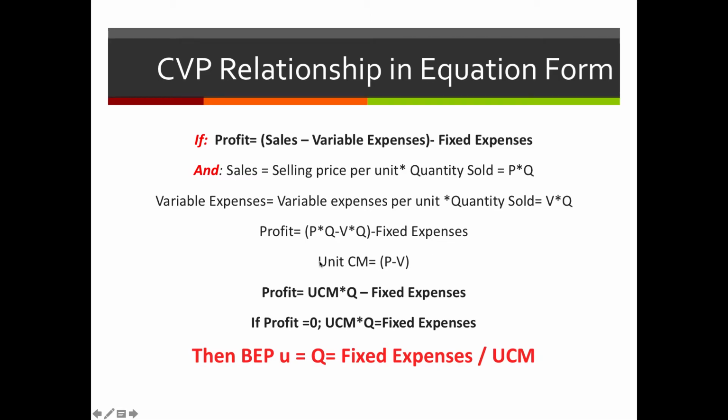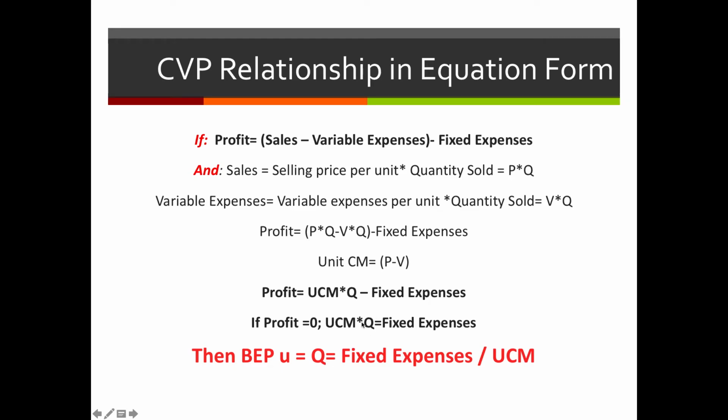Then, if unit contribution margin is price minus variable expenses, you may summarize this as unit contribution margin times Q minus fixed expenses equals profit, and that profit could be zero, so the unit contribution margin times Q, that is the units sold, equals fixed expenses.